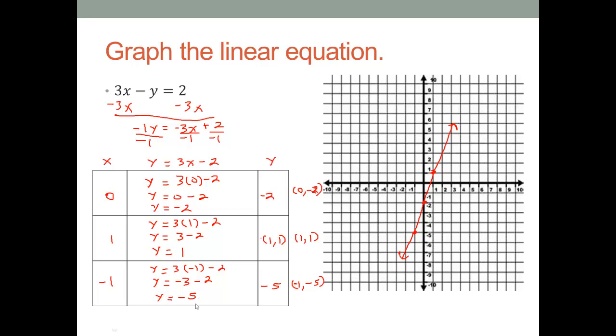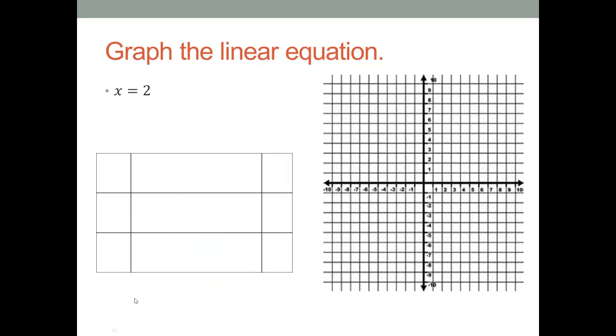Okay. Now we also have a couple of special types of graphs that we want to look at. The first special type that we're going to look at is where we have x equals 2, and that means that we don't have a y-coordinate there. Now that is really the same thing as 0 times y plus x equals 2.